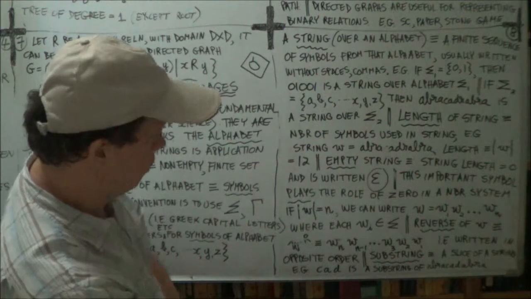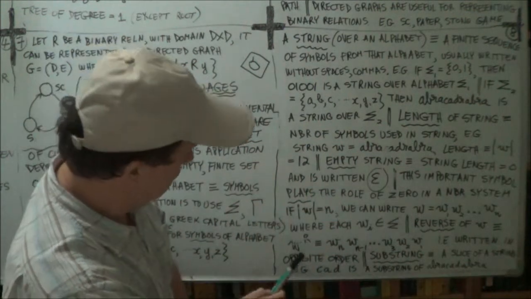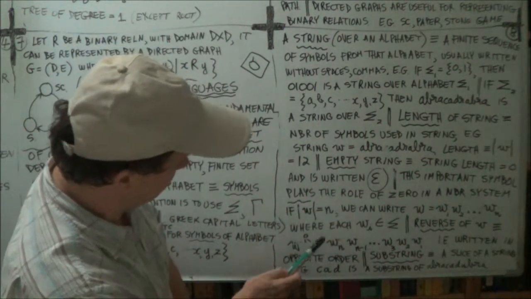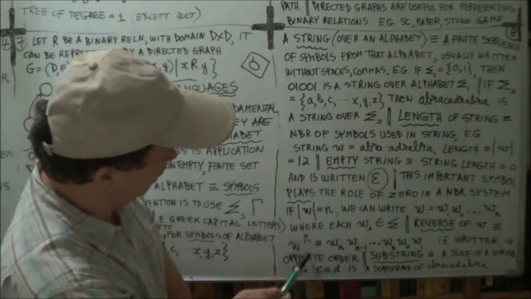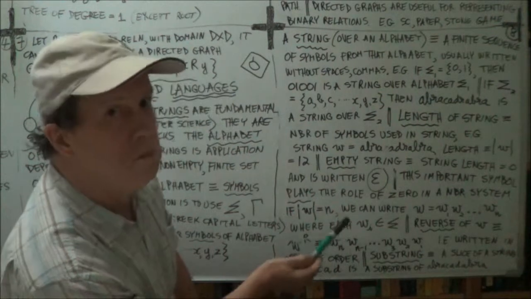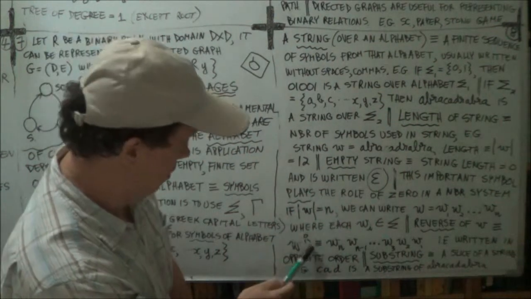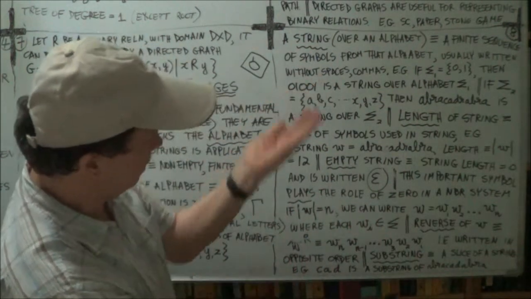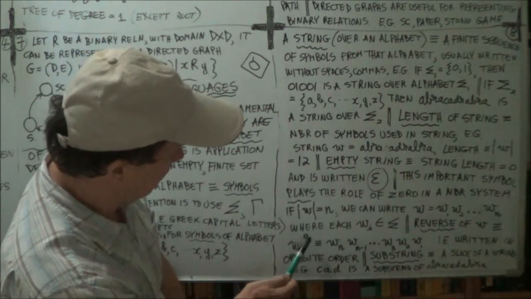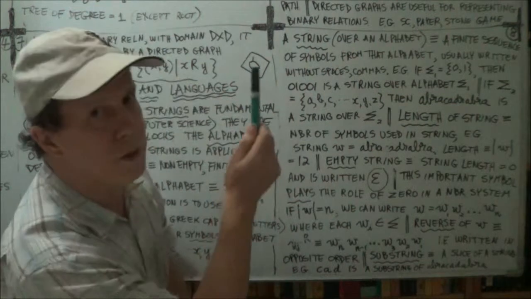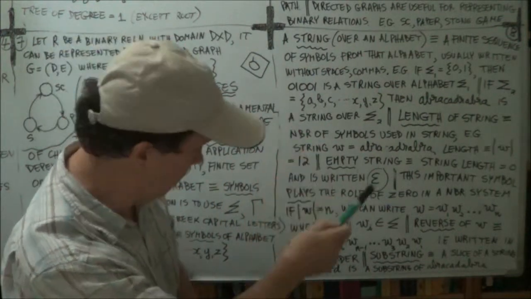So you write the reversed form of the string in this way: W, and then a power R, like a suffix. You've got an R here, raised, sort of like a power. So you have W and R, and that R there means that the string has been reversed. Okay?